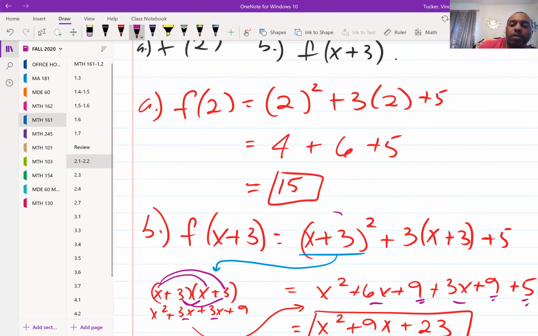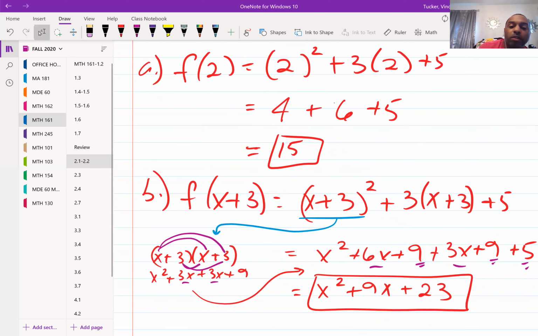Be careful here. You cannot just square x and square 3. You have to expand that out. That's x plus 3 times x plus 3, and then you FOIL out. That'll be x squared plus 3x plus 3x plus 9. Once you combine your like terms, you get x squared plus 6x plus 9.